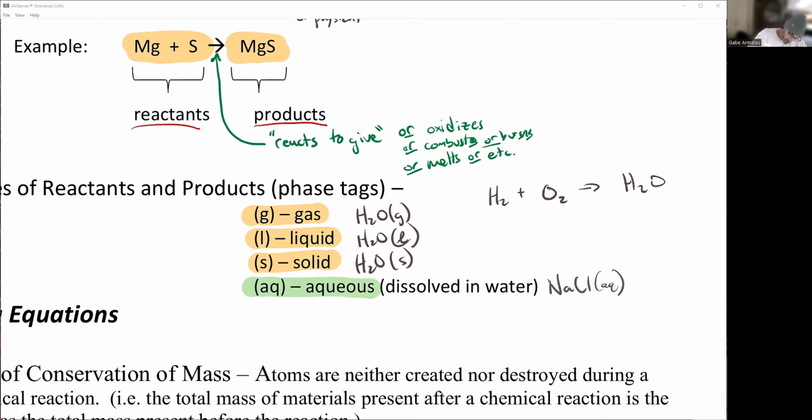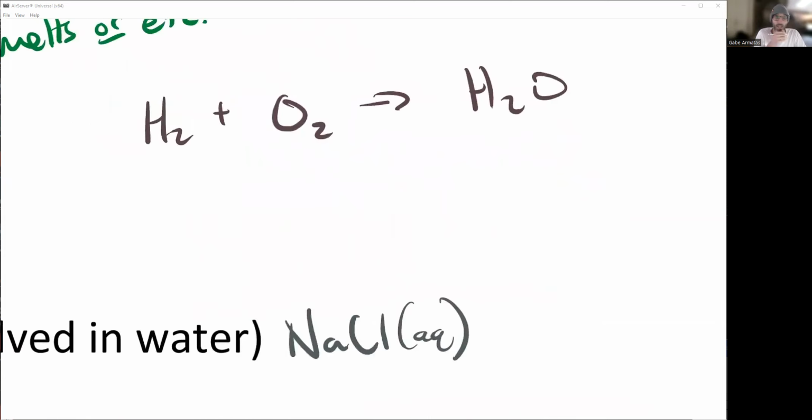So let me zoom in here. If this is my chemical reaction, hydrogen combines with, by the way, the plus sign might be denoted with some wording like combines with. So hydrogen as a gas combines with oxygen as a gas to give me water as a liquid. So maybe it's making water vapor. Hydrogen, oxygen give us water.